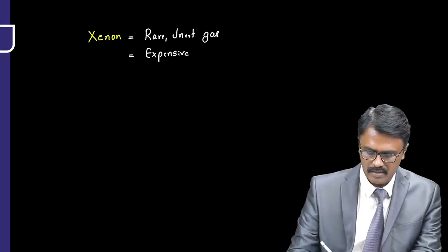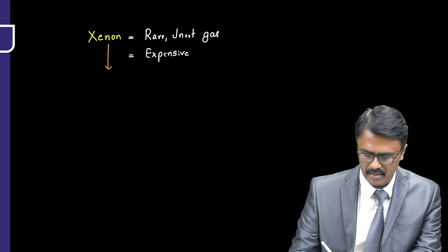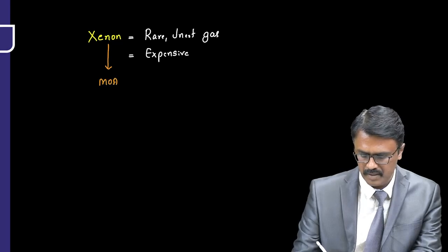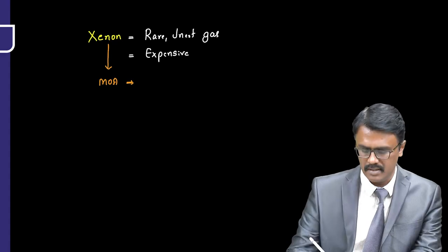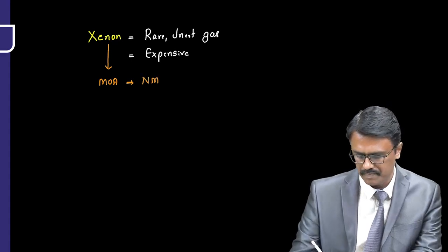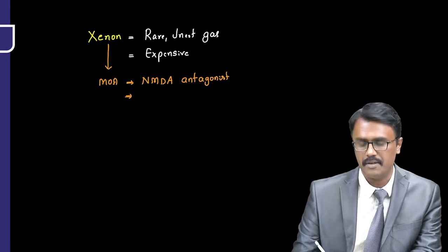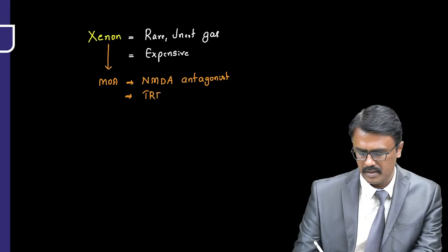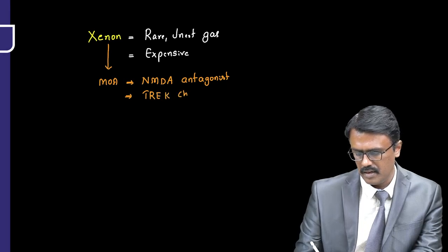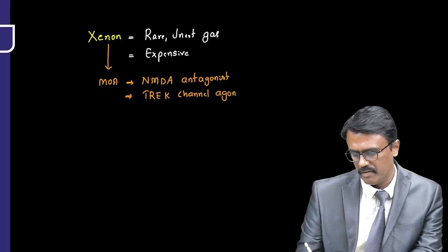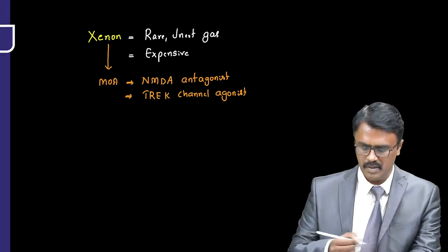Now, as an anesthetic, what is the mechanism of action? It's an NMDA antagonist. Second, it is also a TREK channel agonist. So this is the mechanism of action of xenon.